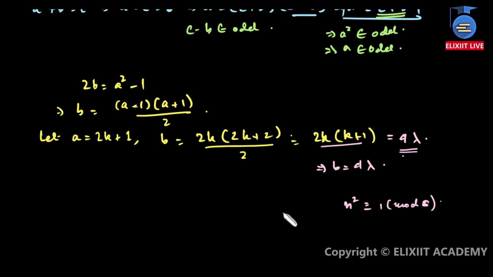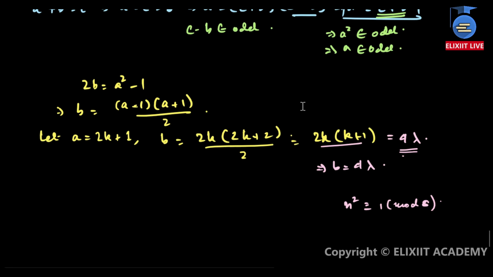You can see around lecture number 7 or 8 in the congruences, in the perfect square theory. You can go through your notes as well. So n square is congruent to 1 modulo 8.